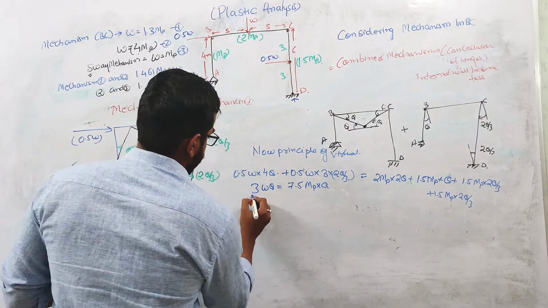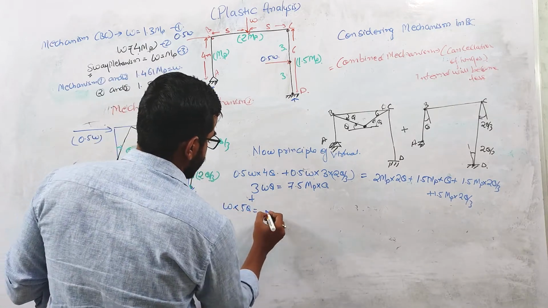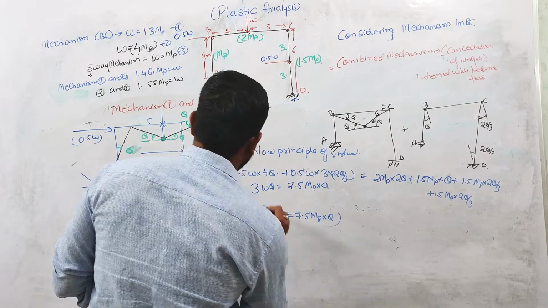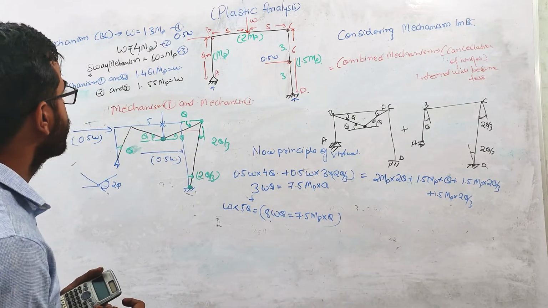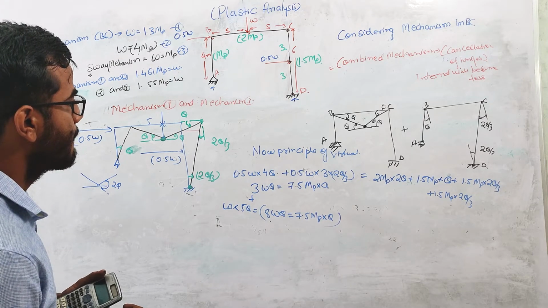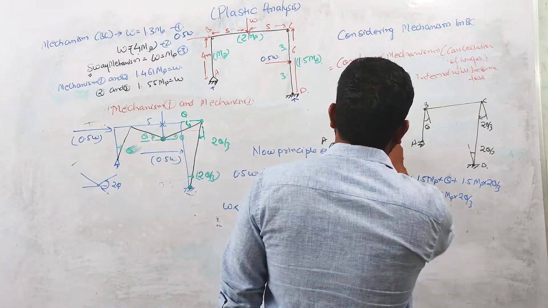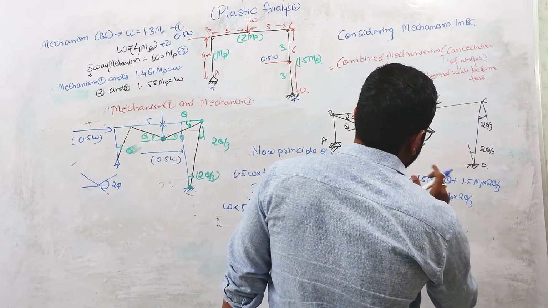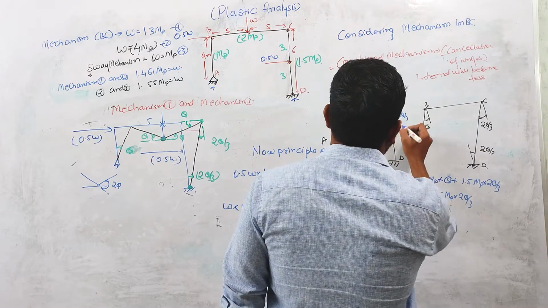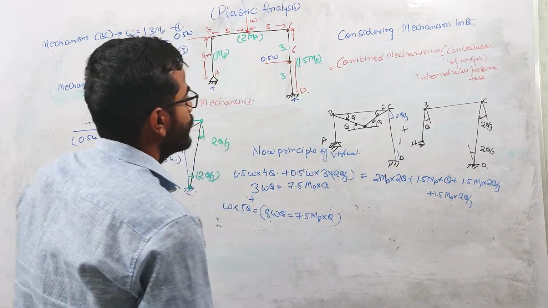So this is plus W into this distance, which is 5 theta. So this value is 8 W theta equals 7.5 MP theta. The internal work is 2 MP theta plus 1.5 MP theta plus 1.5 MP into 2 theta by 3, and again 1.5 MP into 2 theta by 3.